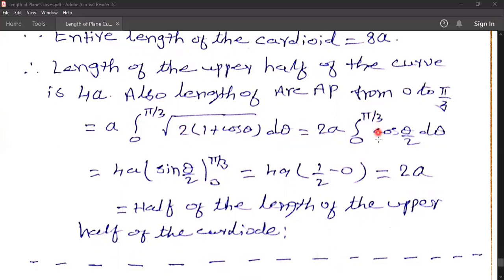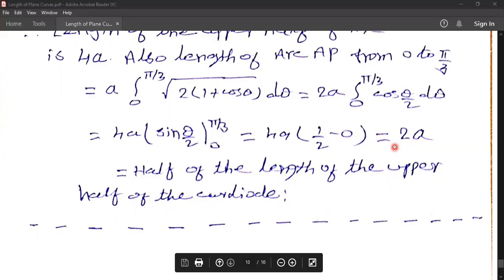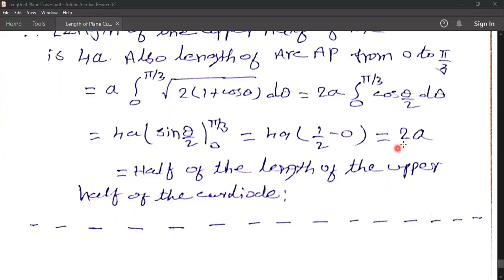Then the integral from 0 to pi by 3 of cos theta by 2 into d theta is equal to 4a sin theta by 2 from 0 to pi by 3, which is 4a into 1 by 2. Putting in the upper limit, it becomes 1 by 2 minus 0, which is equal to 2a. That is equal to half of the length of the upper half of the cardioid, which was 4a in full; half of that is equal to 2a.